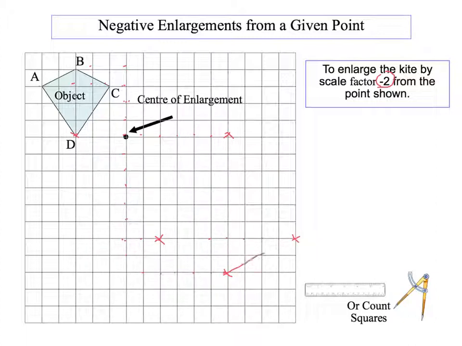This is our new object, or our image. And if we look at the image, it's not only twice the size, but it is flipped over. And that is what happens when we have a negative scale factor.